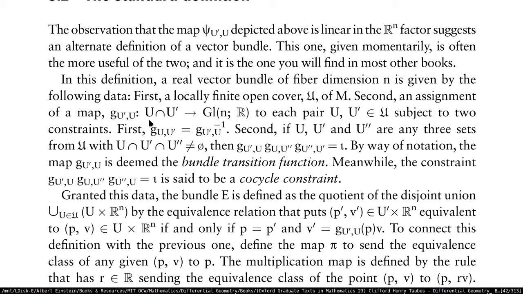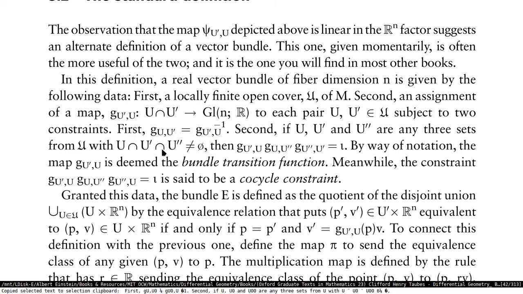First is that g u u prime must be equal to g u prime u inverse. That makes sense. Second, if u, u prime and u double prime are any three sets from this curly U, with none of them being disjoint, then the composition of these g's related to u, u prime and u double prime gives you the identity.